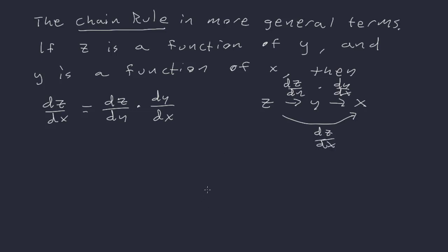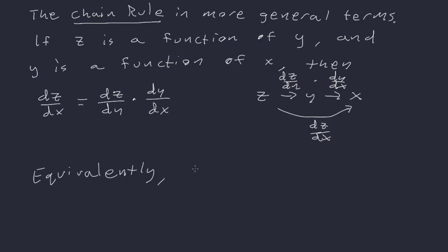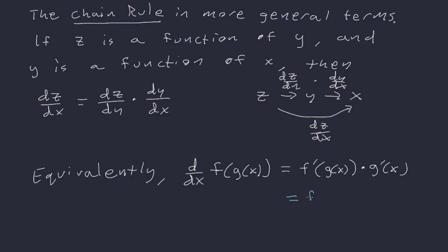Okay. Another way that this can be written, though, is by saying this. If we want to find the derivative with respect to x of f of g of x, in this notation, it's going to be f prime of g of x times g prime of x. And this might not seem like the same thing, but if you drop the of x here, this is going to be f prime of g times g prime of x.